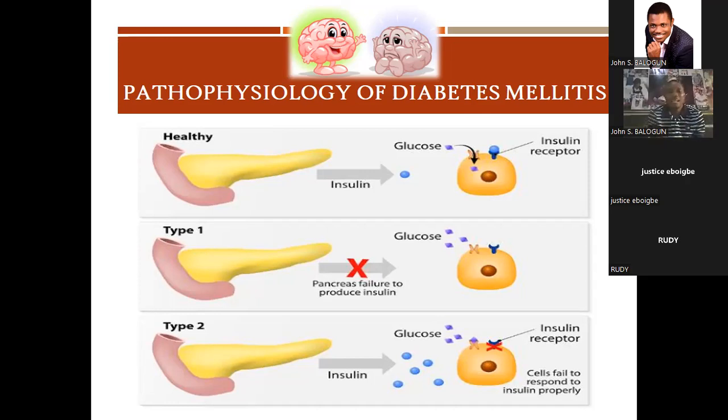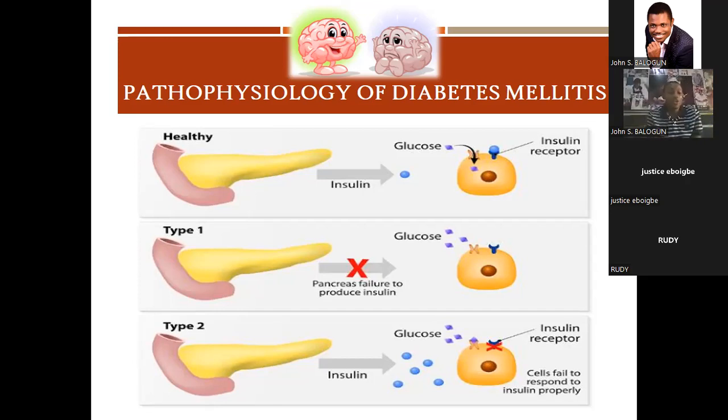Usually, type 1 diabetes is caused by what we call autoantibody destruction of the pancreas, especially the islet cells of the pancreas. So when the islet cells have been destroyed to the point that up to 90% of the islet cells have been destroyed, it is at that point that you are going to notice type 1 diabetes.